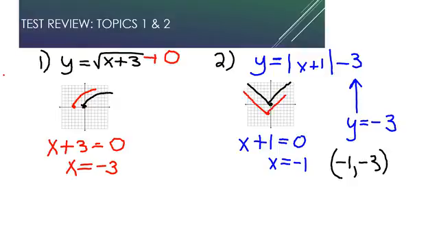Okay. So that's shifting left and right, up and down when you're drawing a parent function that has a translation to it. Let's do the next one. For number 3, we have y equals x minus 4 squared.